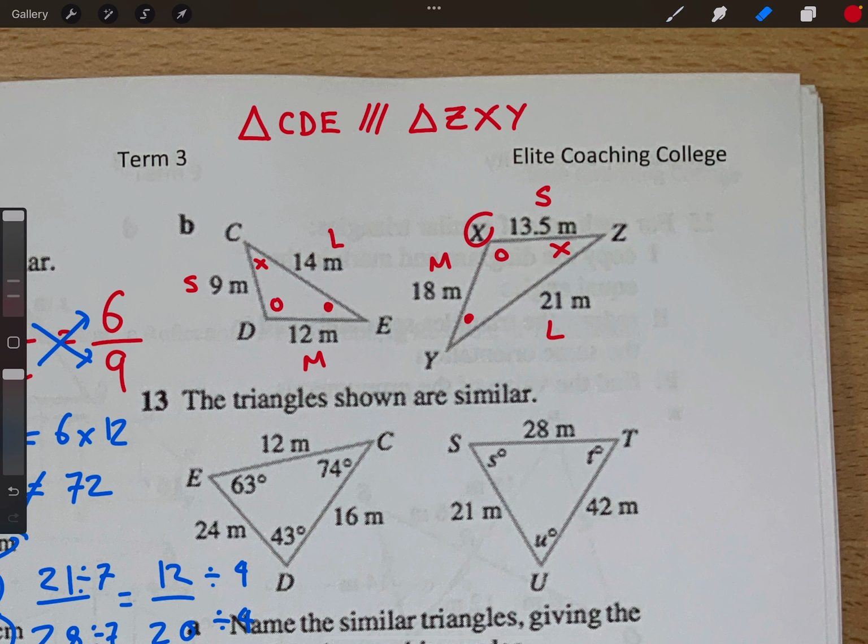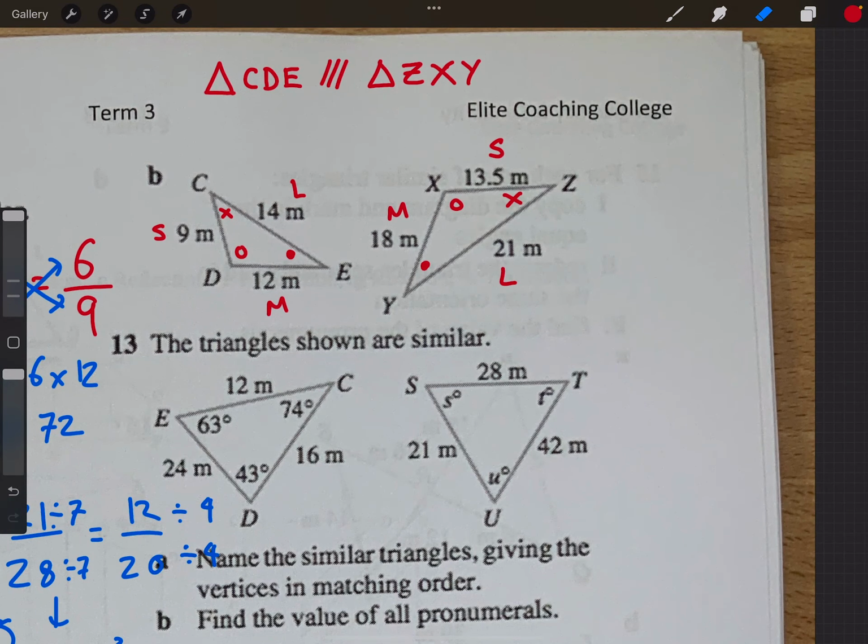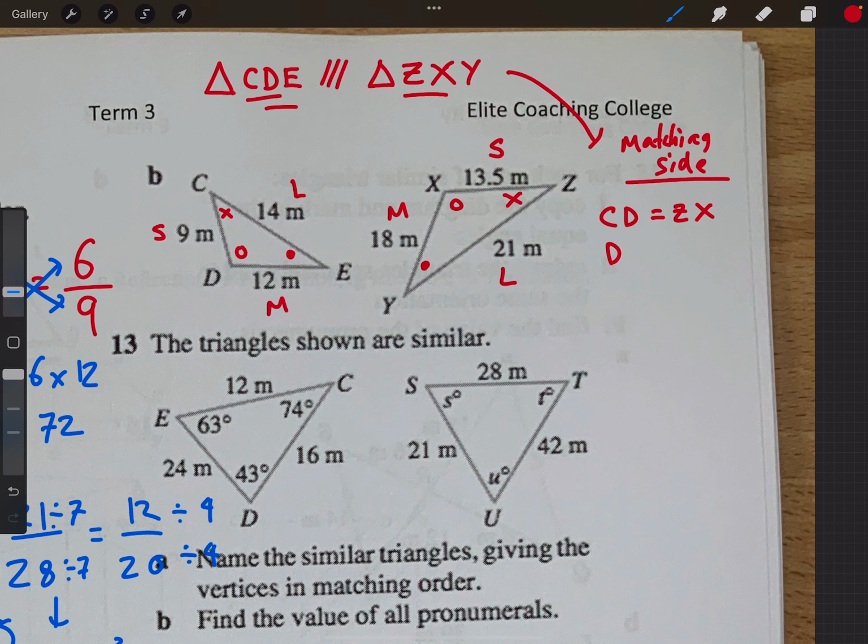So let me rub all this out. Now from here you can write all of the other stuff. So you can say, for example, matching sides. CD is matching with ZX. DE, sorry, not equal, it should be matching, so just put an arrow there. DE is going to be matching with XY.